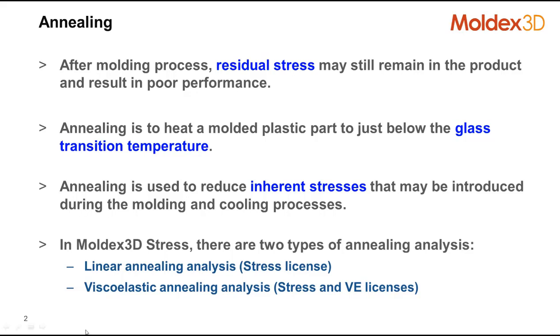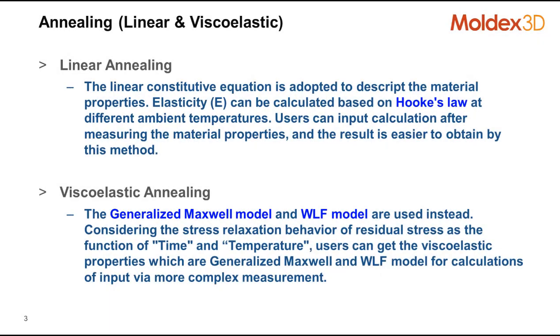In Moldex3D stress, there are two types of annealing analysis. The first is the linear annealing analysis, and the second is viscoelastic annealing analysis. What's the difference between these two annealing analyses? For the first one, linear annealing analysis, we are using just Hooke's law to simulate the annealing behavior.